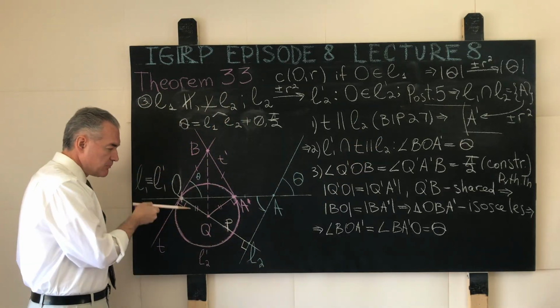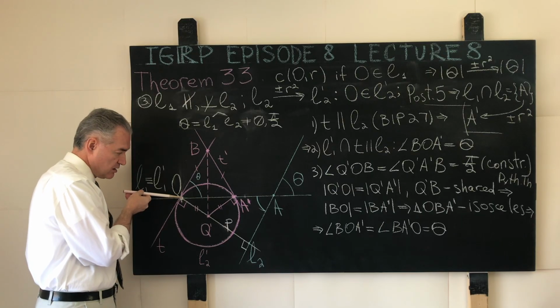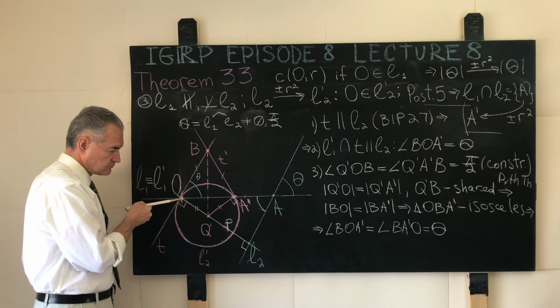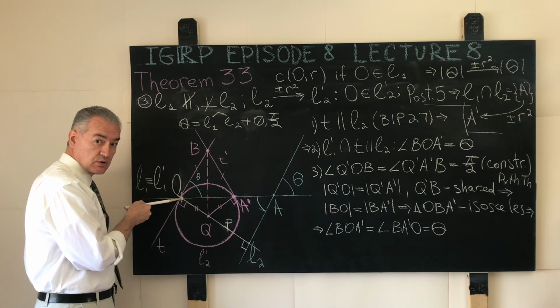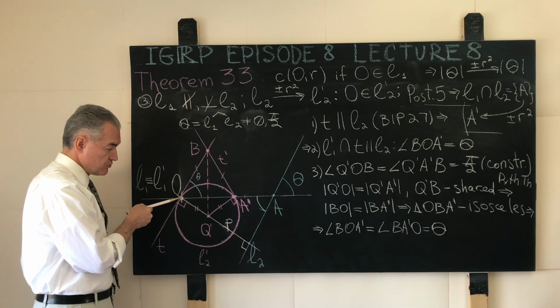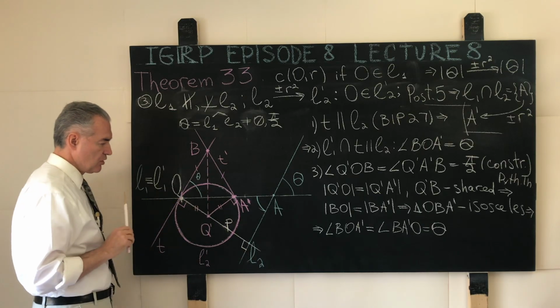Why is that? Because this tangent must be perpendicular to the radius Q prime O, that's the radius we draw through the point of interest over here. That straight line is perpendicular to L2, but now what do we have?